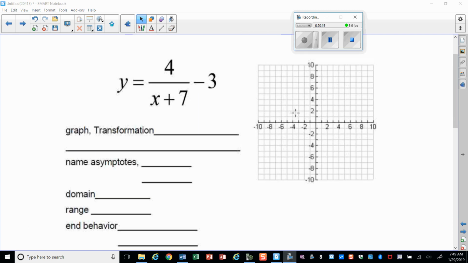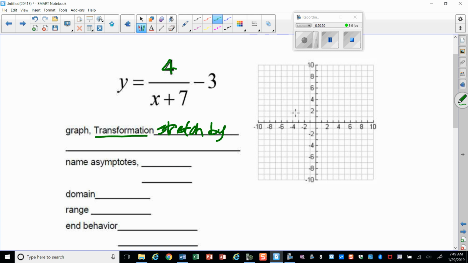Okay, now we're picking up on this one where you have all three of the things going on at the same time. So for transformations, we have A right on top, so that's going to be a stretch by a factor of 4. And then you have the -3, which is going to be a vertical shift down 3. I'll change colors here so we can tell the difference.